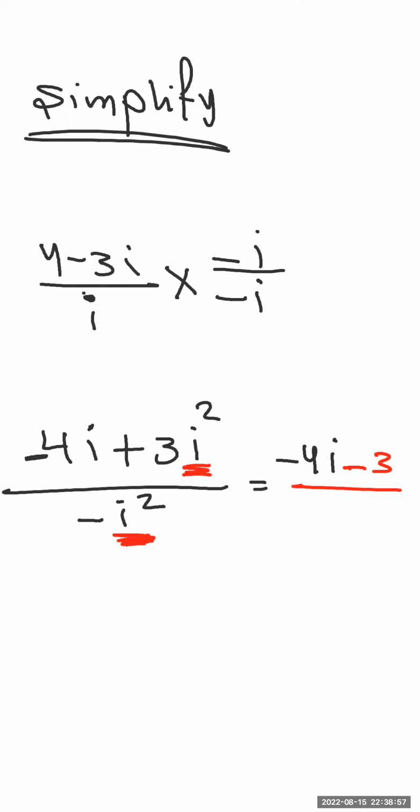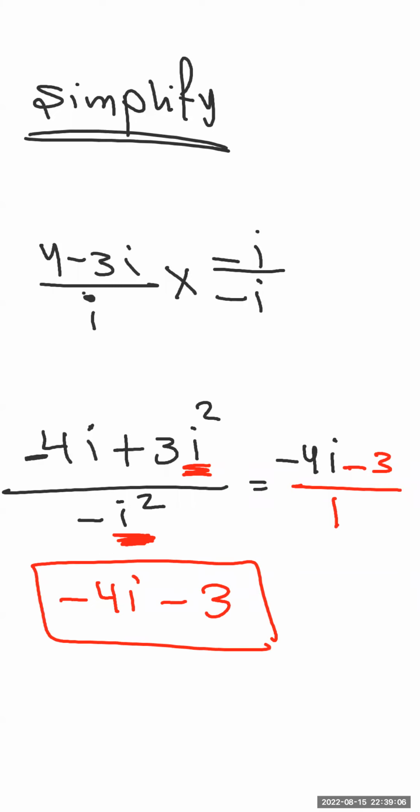Negative negative 1 means 1. So it's negative 4i minus 3. Or in other form, we can write the real numbers in the beginning: negative 3 minus 4i, like that. Clear, guys?